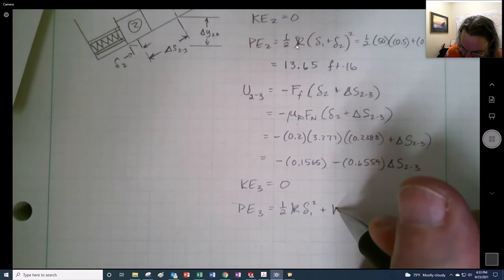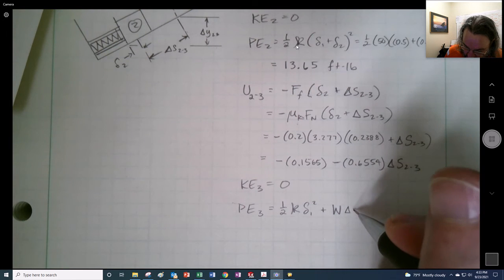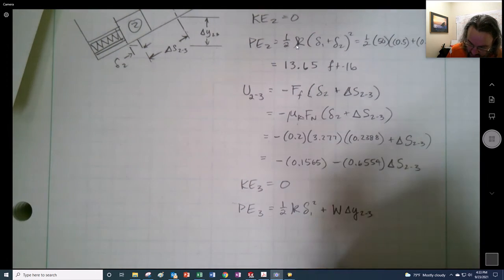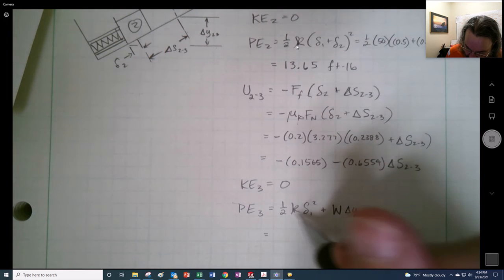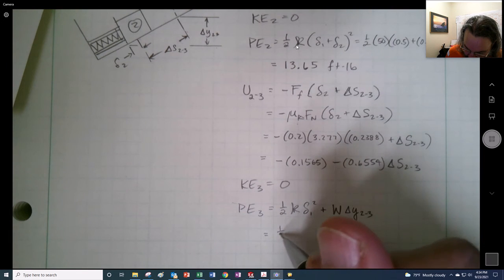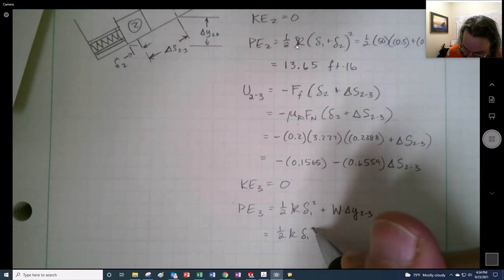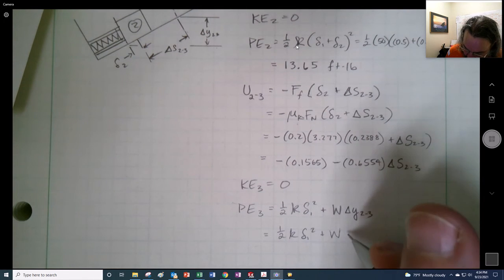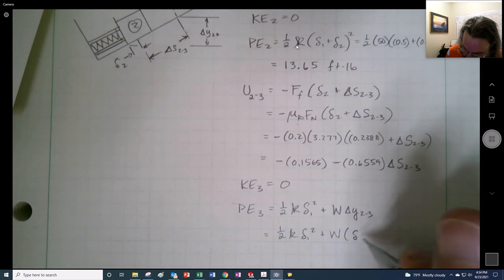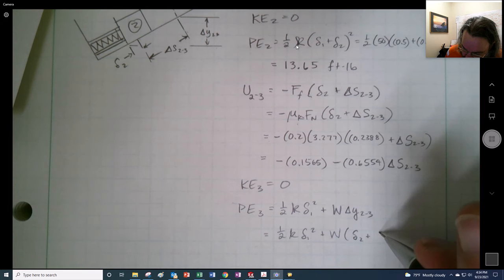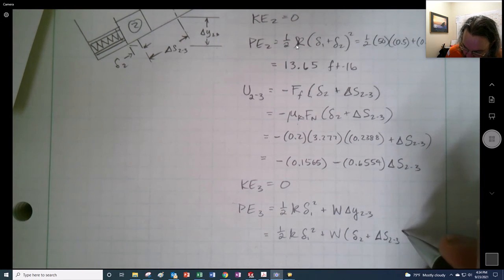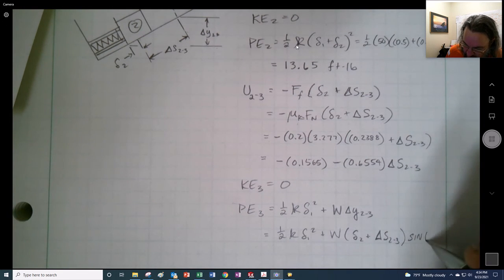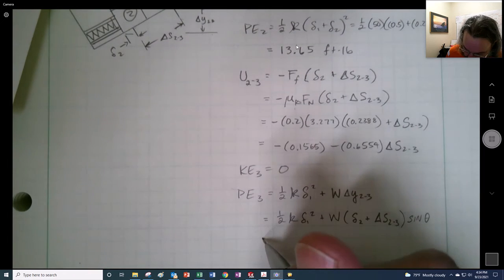So we're going to have the weight of the thing times our delta y 2 to 3. We just need to be careful here. This one, I'm just going to leave for the ride because we need to write out some more equation stuff. We've got the w, and it's going to be del 2 plus delta S 2 to 3, that whole thing, times the sine of theta.